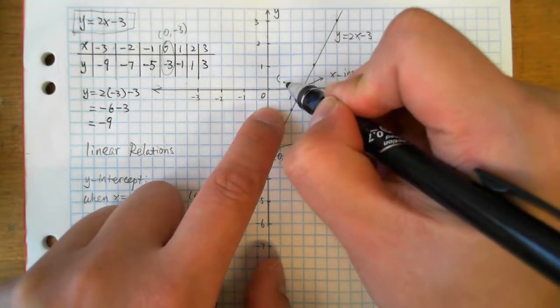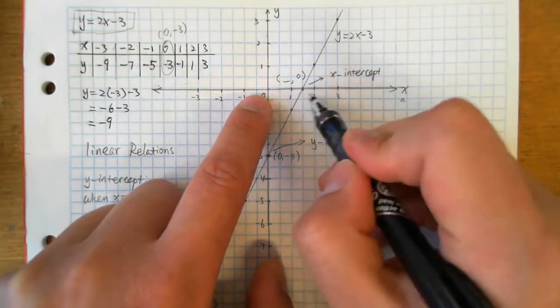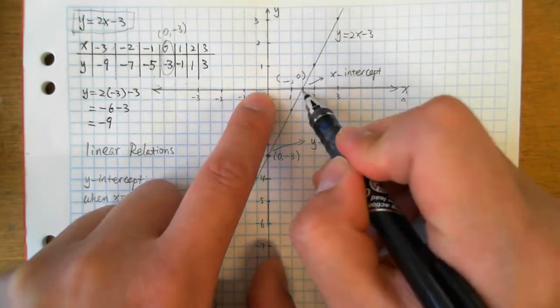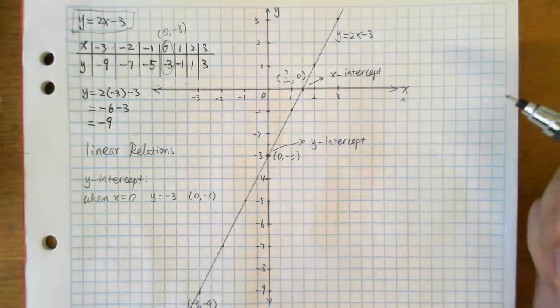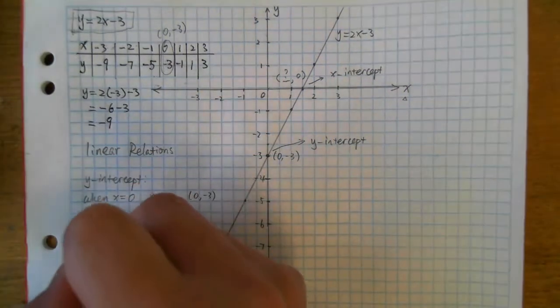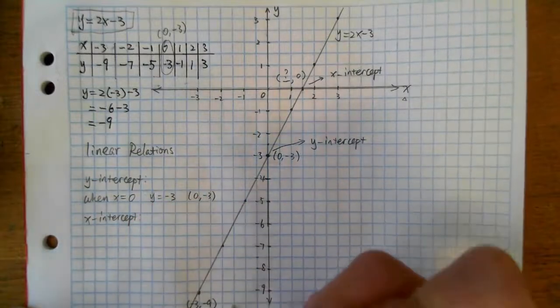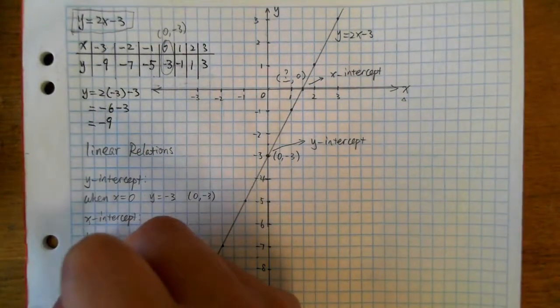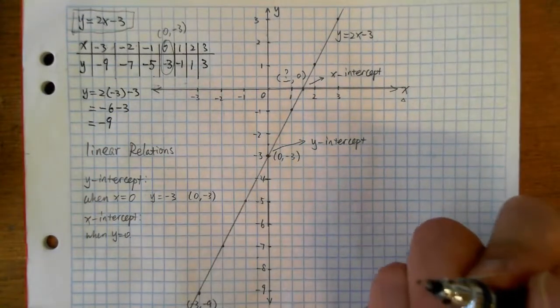So this one should be something, 0, because the y coordinate is 0, as at the origin here. So we need to find out the value of x. So we write x-intercept. The x-intercept is when y equals 0, and then I want to know x.